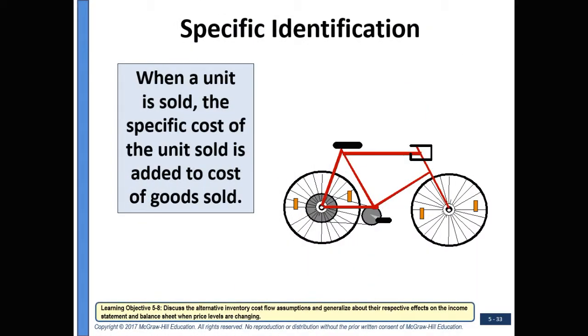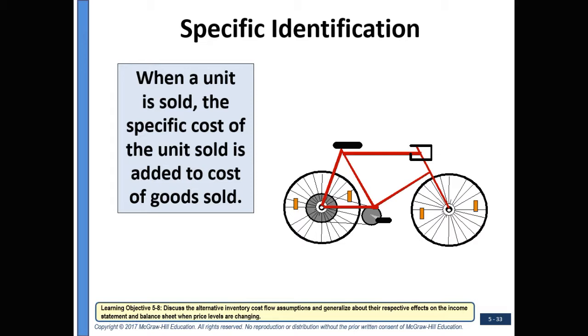With specific identification, when a unit is sold, the specific cost of the unit sold is added to the cost of goods sold. This works really well for very large items, things that have identifier numbers attached to them, luxury goods, diamonds, cars, furs, things of that nature.